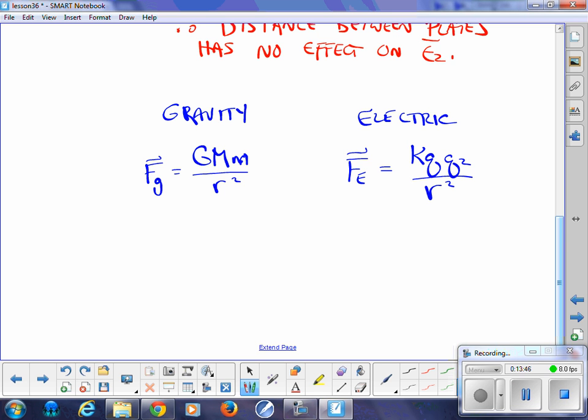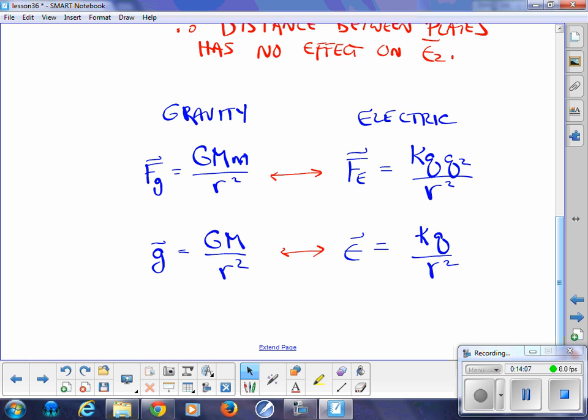When we look at the field strengths, gravitational field strength is G M over R squared, and our electric field strength is K Q over R squared. So you can see there are similarities, which is very interesting because they're two distinctly different fields of study. One is classical mechanics, the other is electricity. You wouldn't think the relationship would exist between planets and charged particles, but it makes you feel good about science that there is that sort of circular nature of it, that a lot of things are tied together.